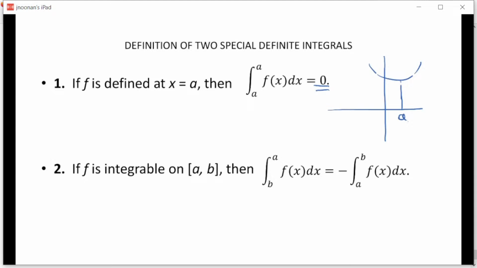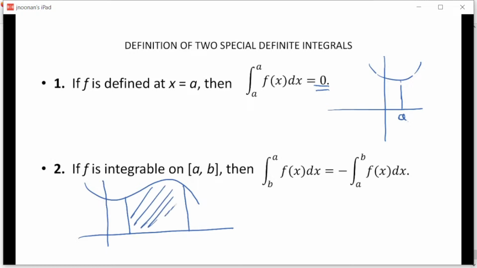sort of notational, and it'll turn out to be correct when we do all the mathematics of this with the fundamental theorem. But here's the way you want to think of this, maybe: if I'm finding this area, going this way from A to B, then the area will be a positive number.